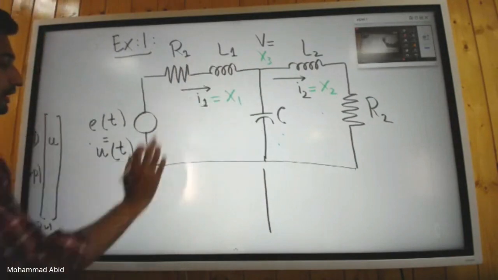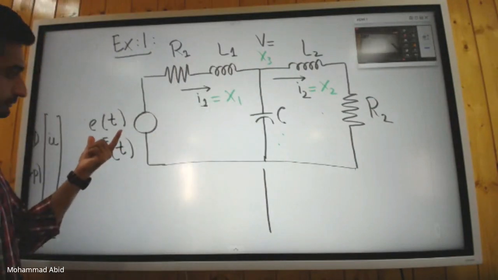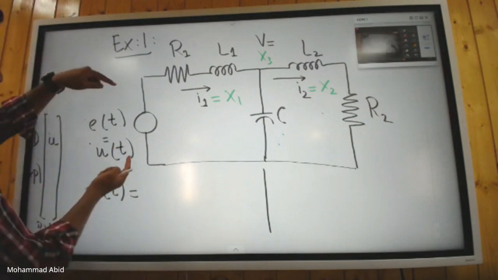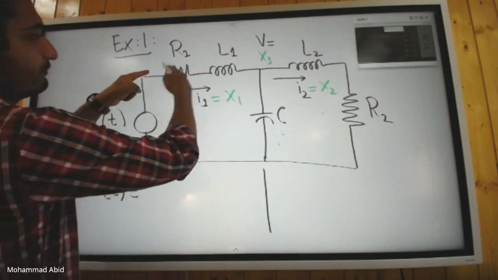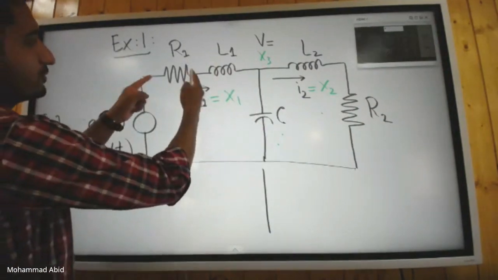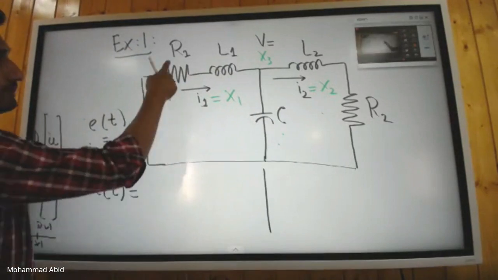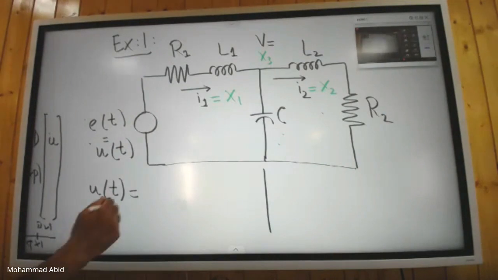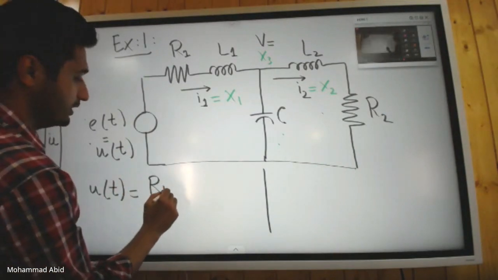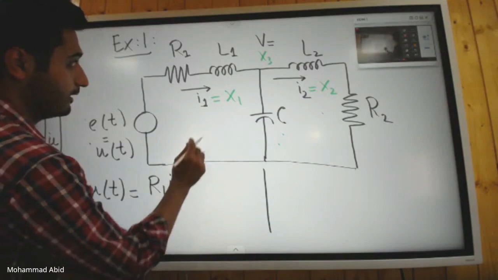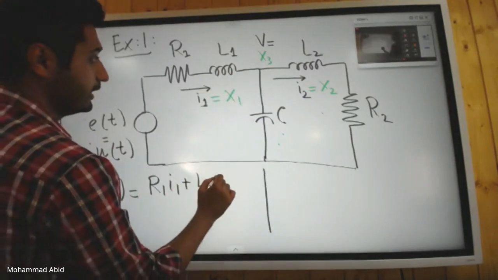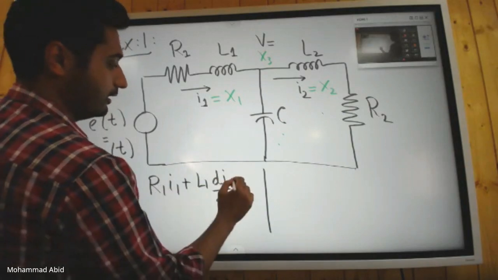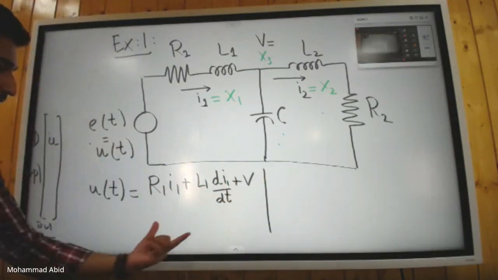In the first loop we have this E(t), or you can say simply U(t). This is equal to what? The sum, if you move along this loop, of the voltage drop across the resistor, which is I1 times R1, plus L1 di1 by dt, plus V. Is it correct?